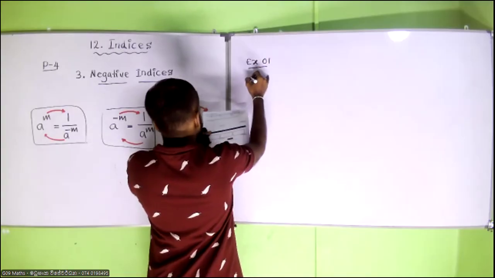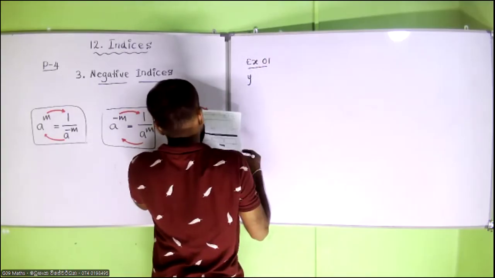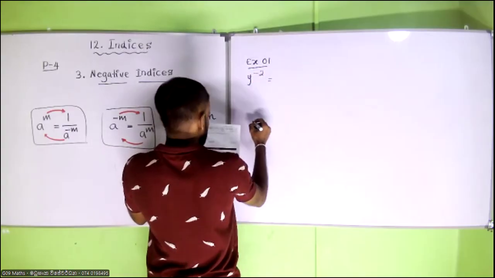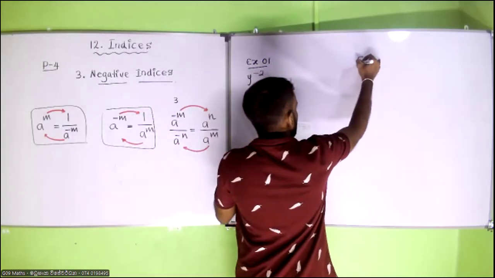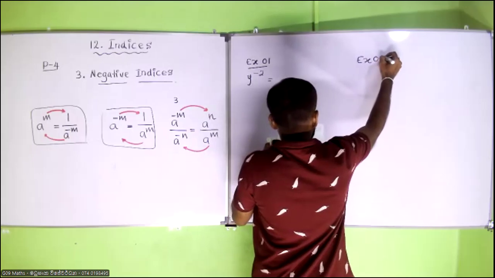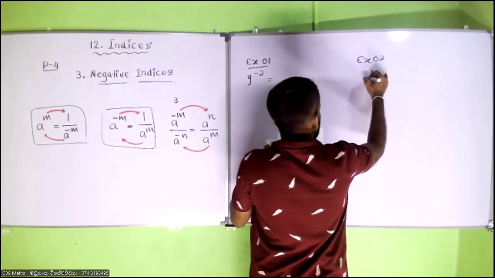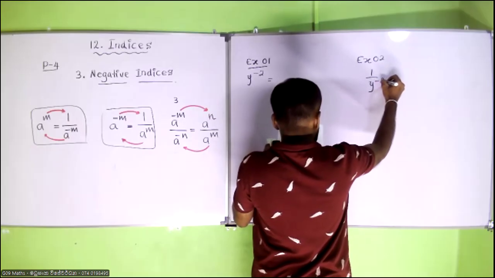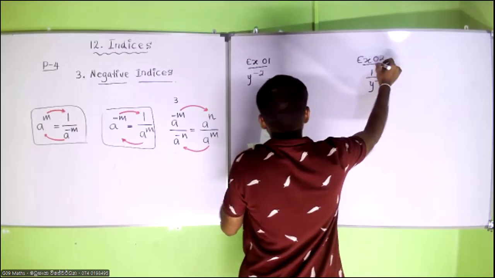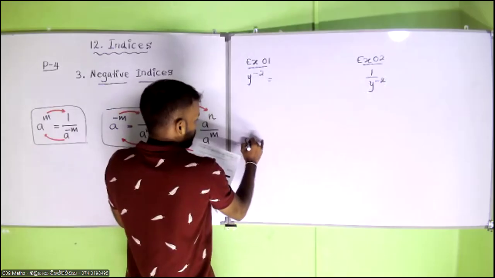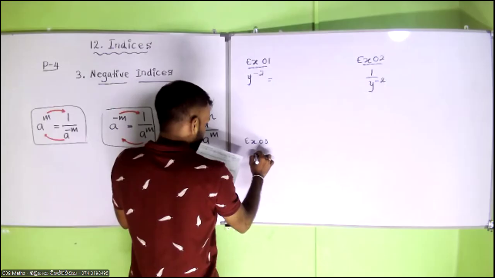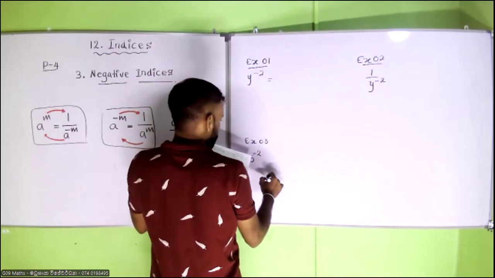Example number 1. Y to the power -2. Example number 2. 1 upon y to the power -2. Right? Example number 3. 5 to the power -2.